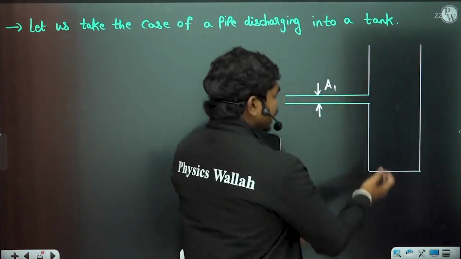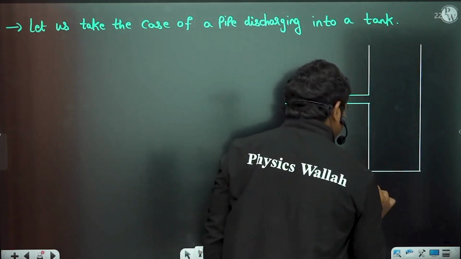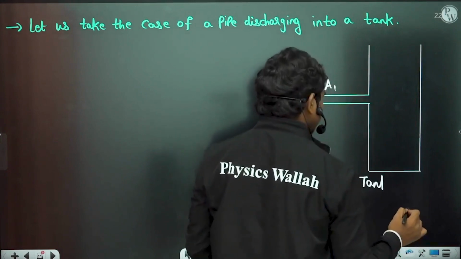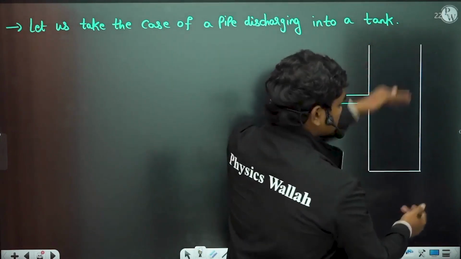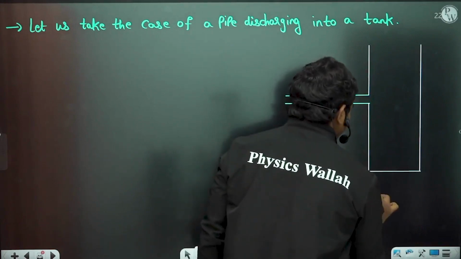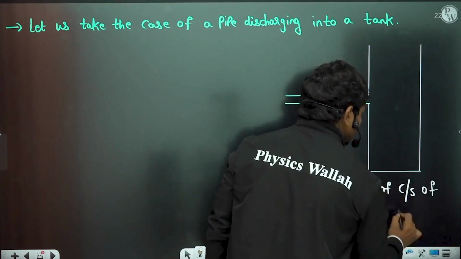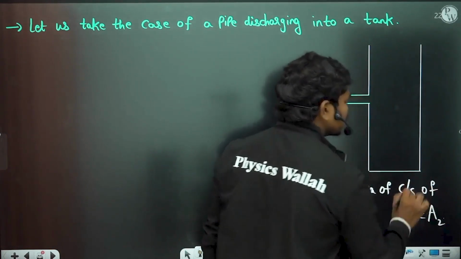Let us suppose this large area of cross section of the tank is A2.